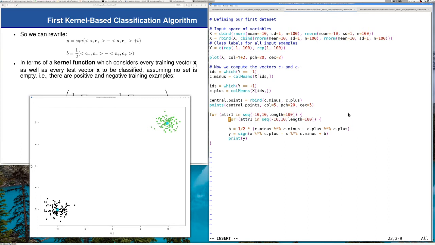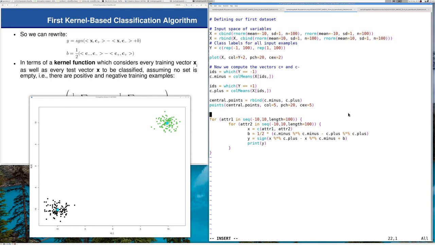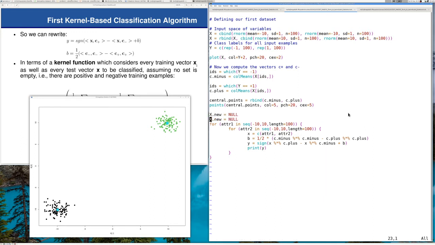I'm going to do the same for attribute 2. I'm going to compose attribute 1 and attribute 2 to form x. Both together will represent x for me. And I'm going to build up a matrix over here, with let's call them x new and y new. y new will be the class labels we found.